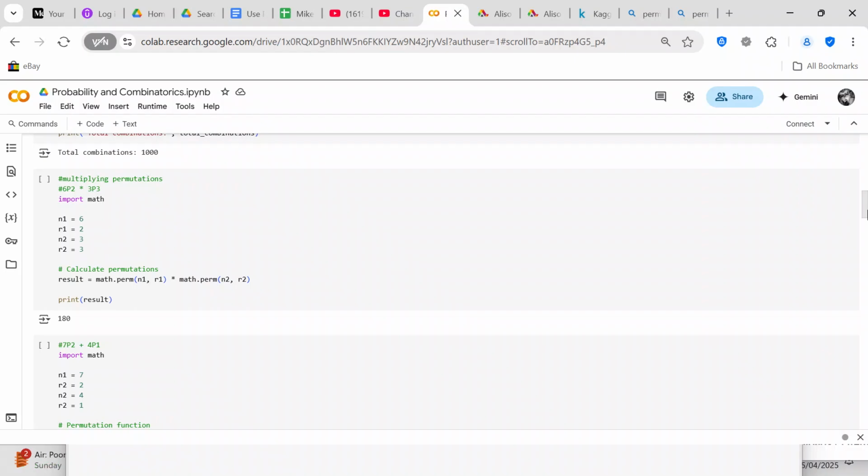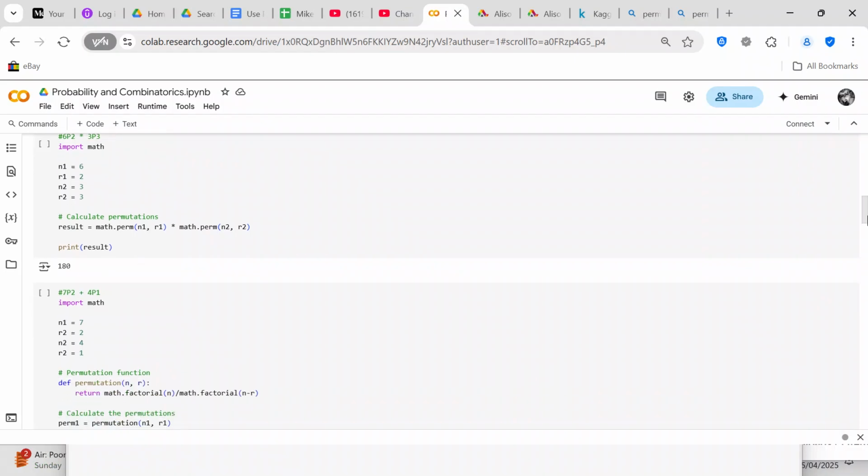So N1 is 6, R1 is 2, N2 is 3, R2 is 3. And so we calculate the permutations. Result equals math.perm(N1, R1) times math.perm(N2, R2), and the result is 180.